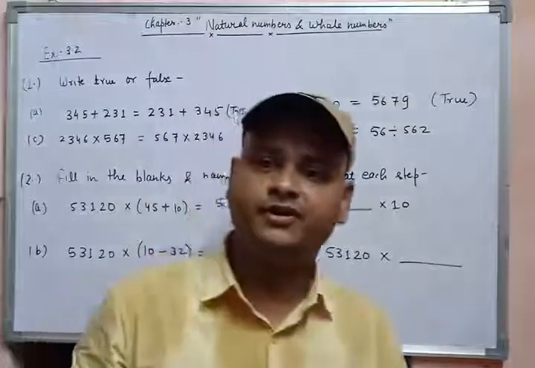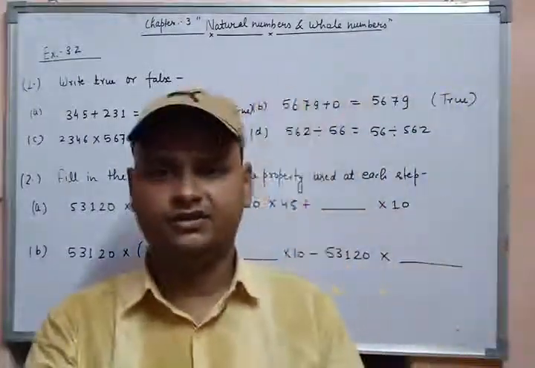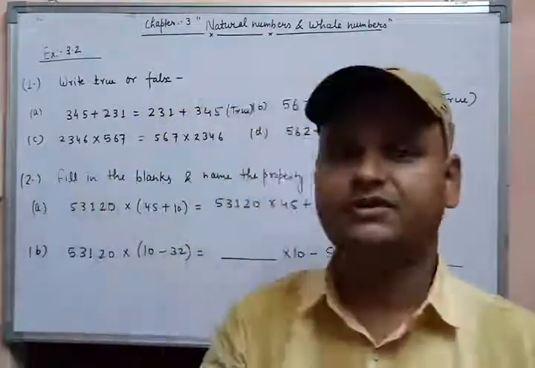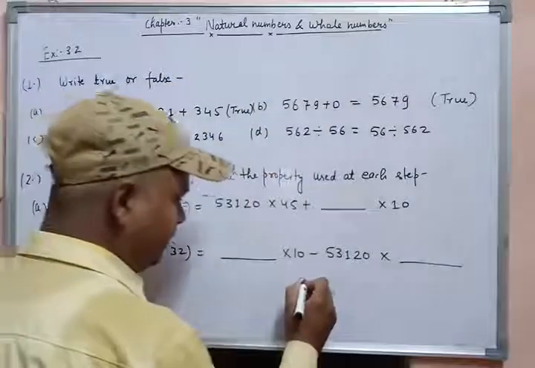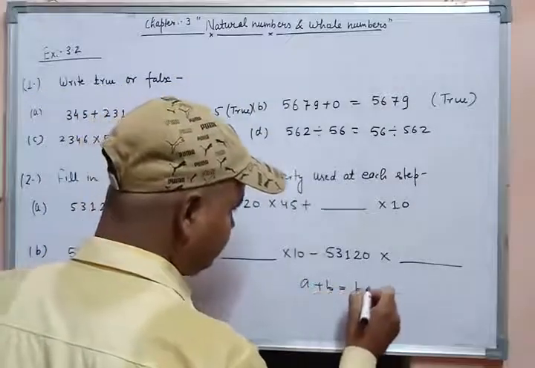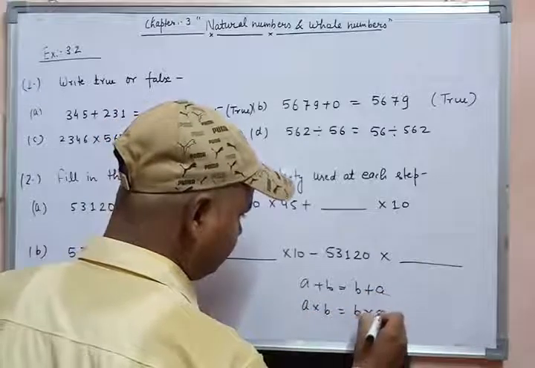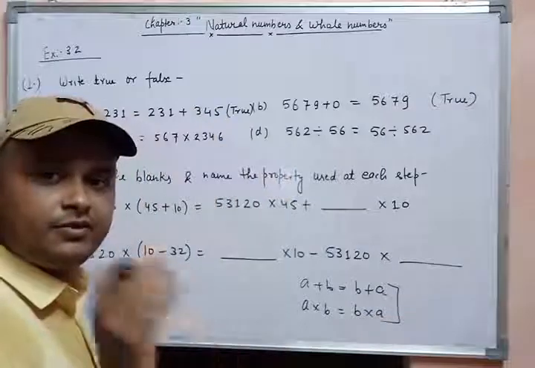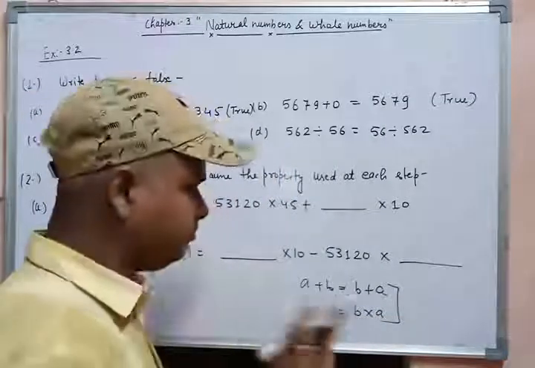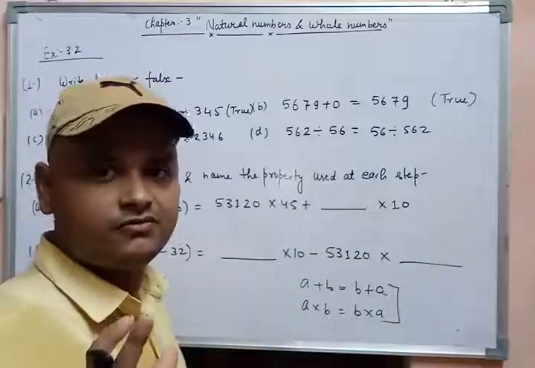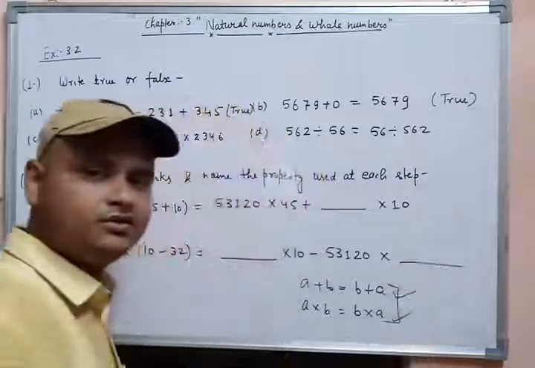Actually, the commutative property holds only for addition and multiplication, because a plus b is equal to b plus a, and in the same way a into b is equal to b into a. So the commutative property holds for only two operations: first addition and second multiplication.